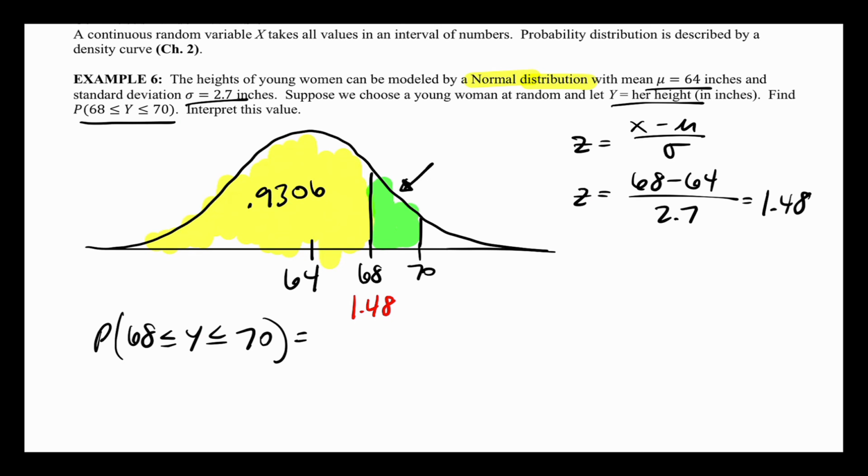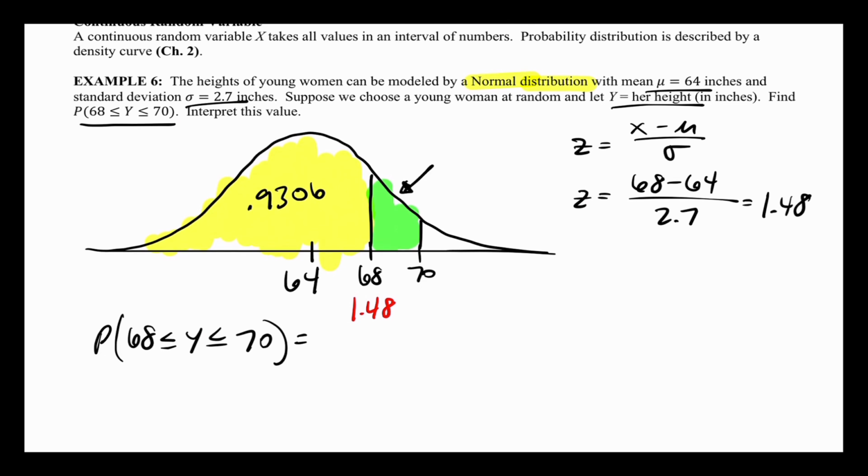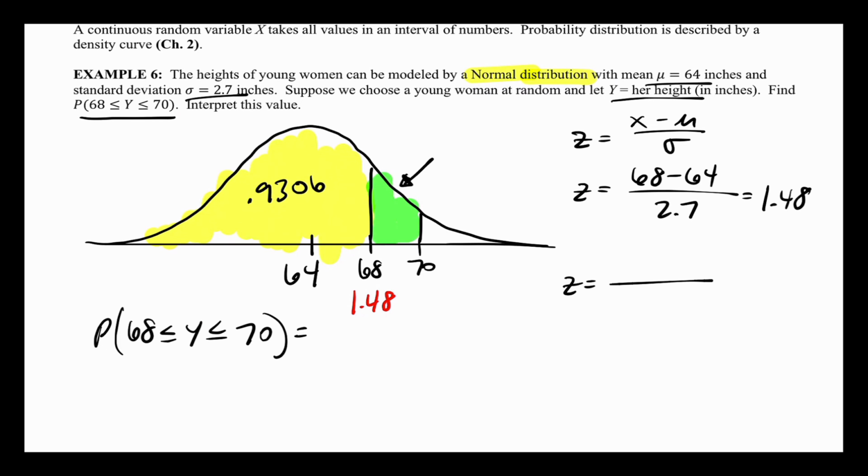So now I'm going to do 70. 70 minus 64 divided by 2.7. The mean is 64. Yep, 2.22.